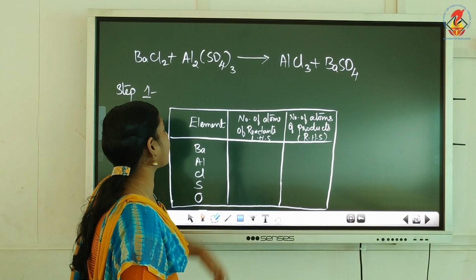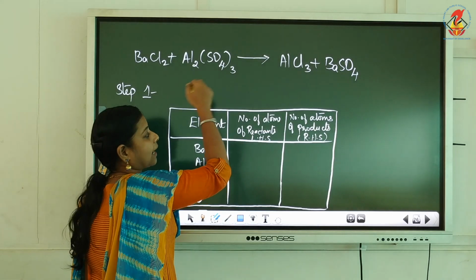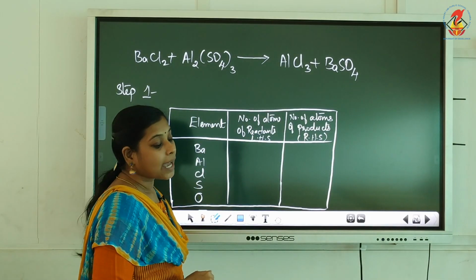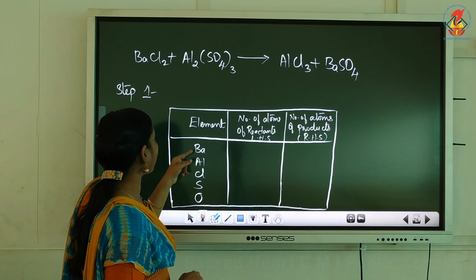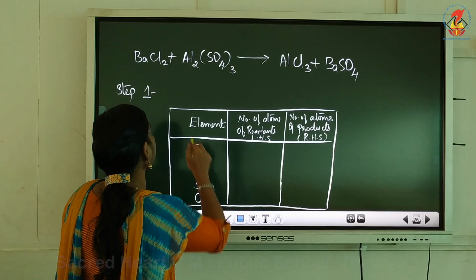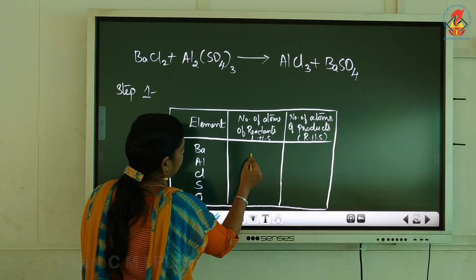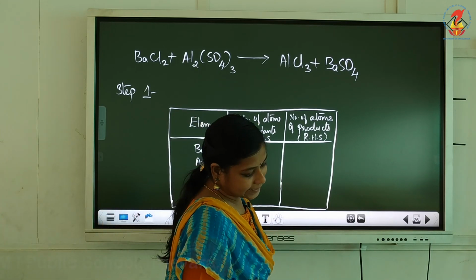We can see the number of atoms of different elements on the reactant as well as the product side. In this case, how many atoms of barium are present on the left side?